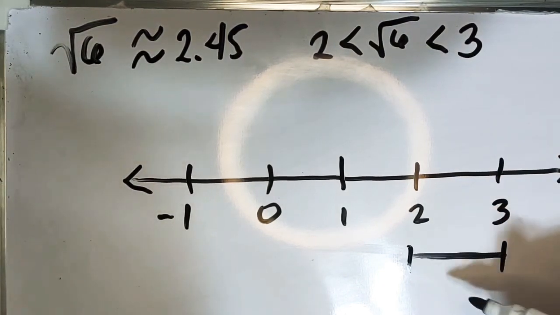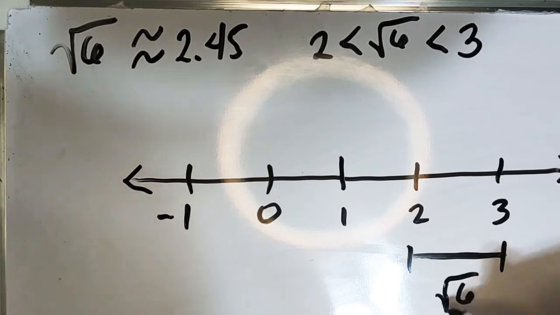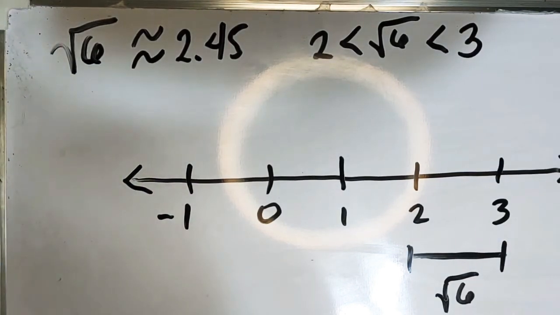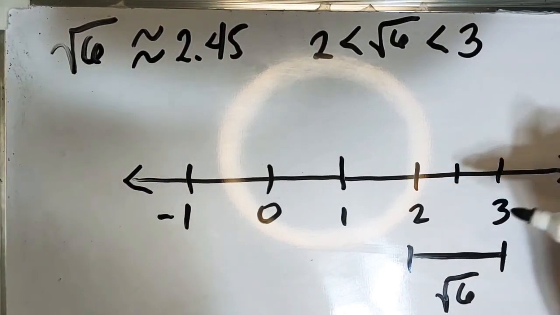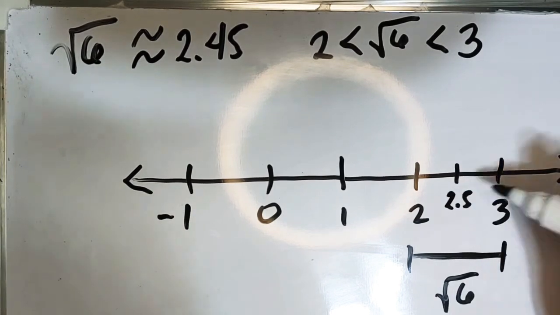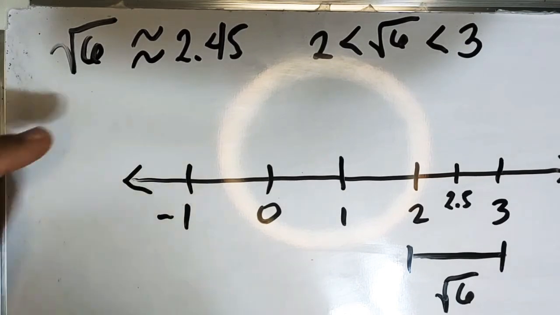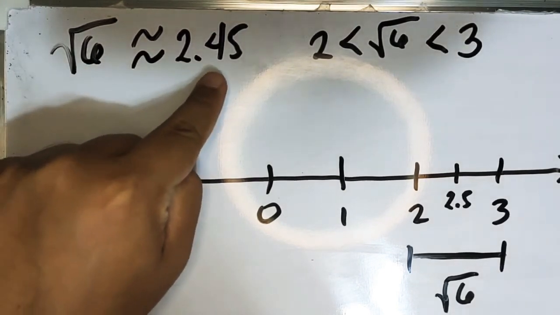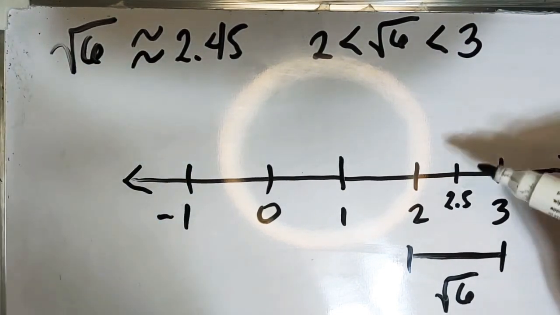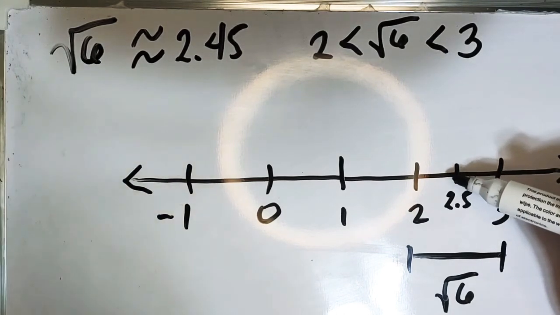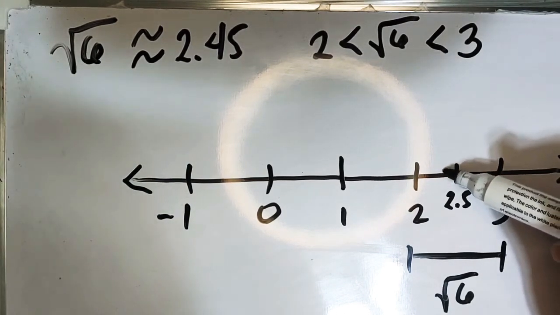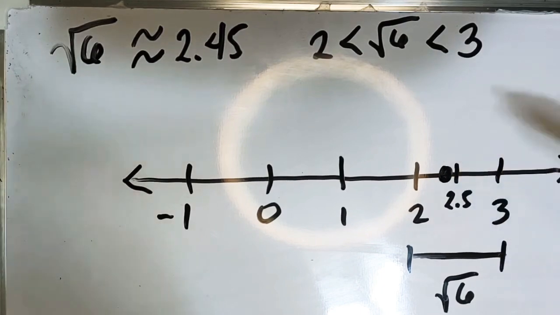Nandito yung square root of 6. Okay? At ang gitna niyan ay 2.5. Tama ba? Kalahati ng 2 at 3 ay 2.5. At ang square root ng 6 ay approximately 2.45. Ibig sabihin, nandito, before ng 2.5, ang square root ng 6.